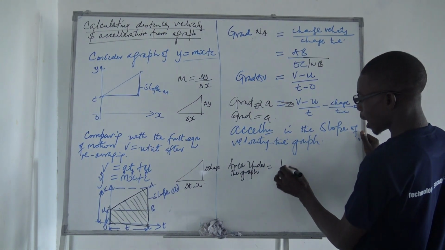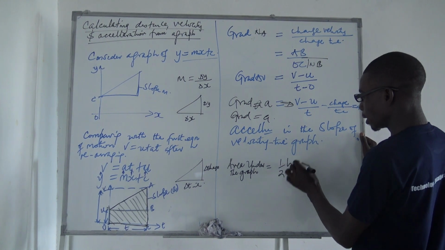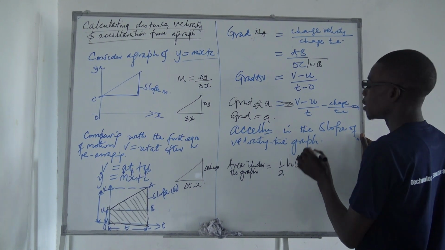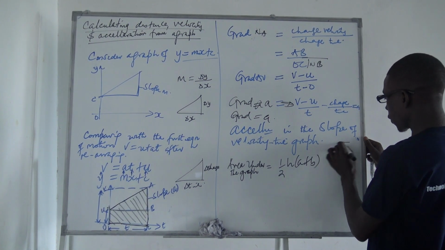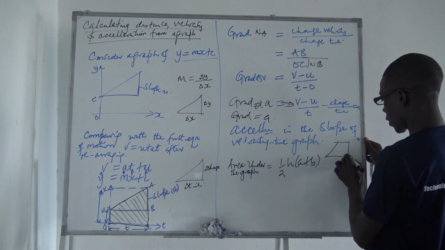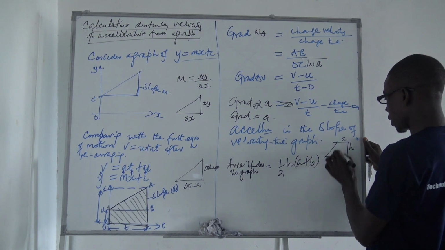The area of a trapezium is a half h into a plus b. If your trapezium is like this, h is this, a is this, b is that.